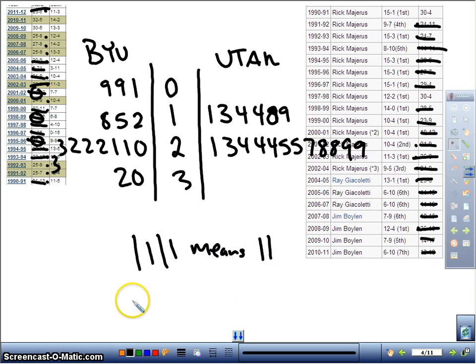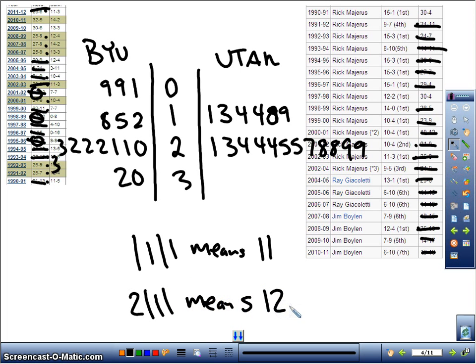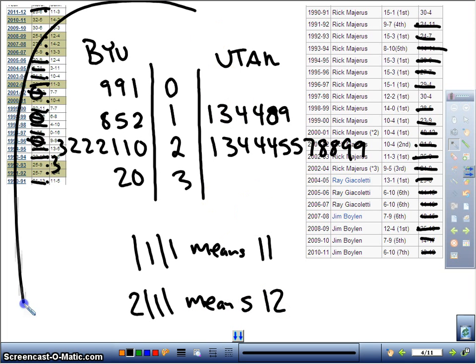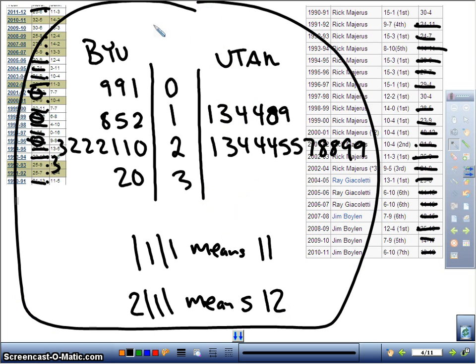And if I go like this, I go 2, 1, and see how the 2's on the other side of this time, means 12. So you need to put your key on there along with the rest of your chart so that it makes sense. And your data sets won't be this big, obviously, so it should be easier for you to keep track of those.